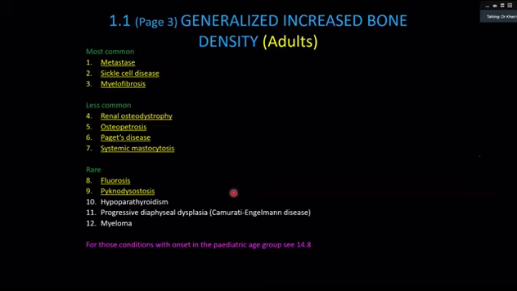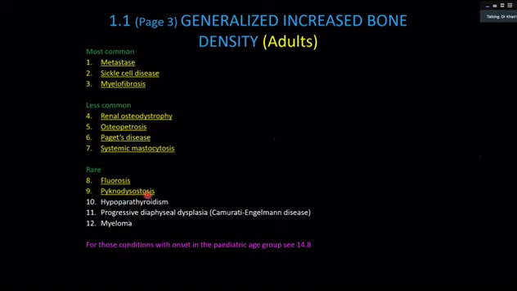Similarly, in adults, generalized increased bone density becomes slightly different. But please remember, a patient who has pycnodysostosis as a child will become an adult, right?